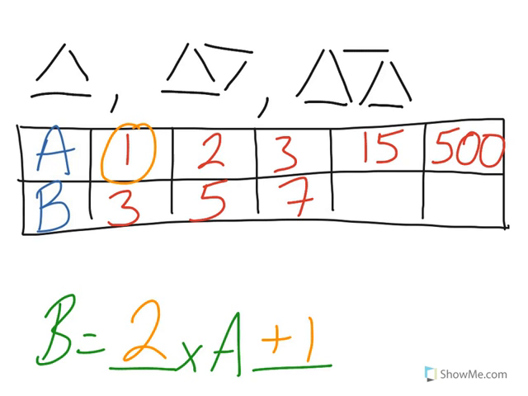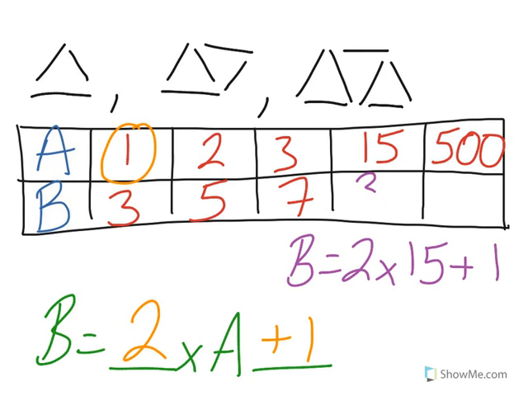So my rule works. To figure out what would happen for 15 triangles, I need to replace this A with 15. So 2 times 15 plus 1. So 2 times 15 is 30, plus 1 is 31.